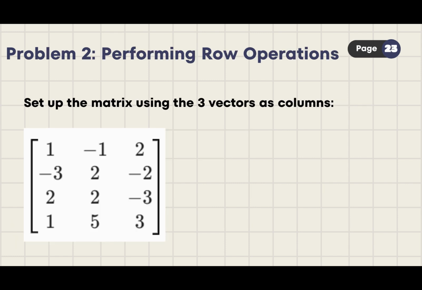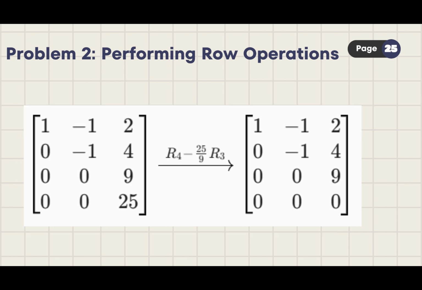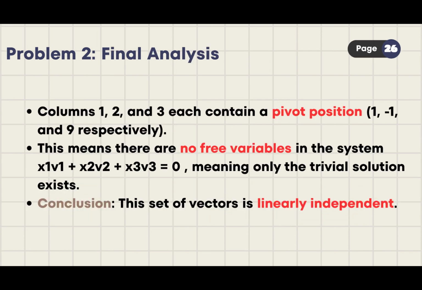Problem 2. Performing row operations. Set up the matrix using the 3 vectors as columns. Use the pivot 1 in the first row to clear all the numbers below it in the first column. Final analysis. Columns 1, 2, and 3 each contain a pivot position, 1, minus 1, and 9 respectively.